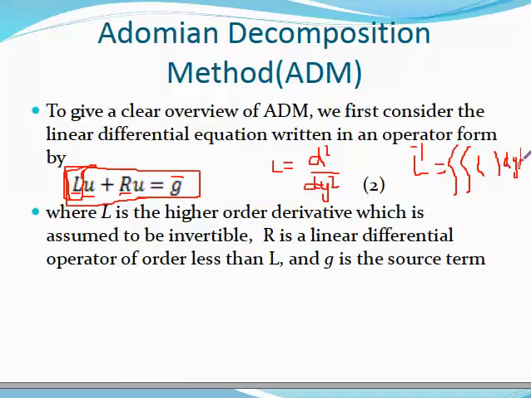Since we have two-time integration, this will be dy into dy. So this is now the invertible form of the linear operator. R is the term in the differential equation which has lower order than the linear operator, and g is the source term. So this is the general form of any ordinary or partial differential equation.